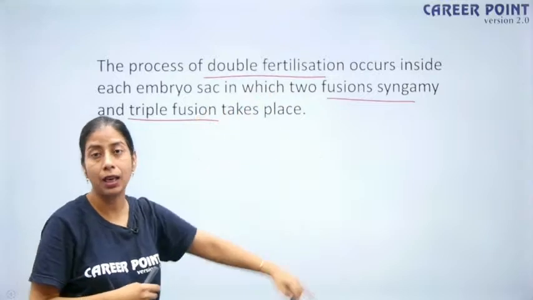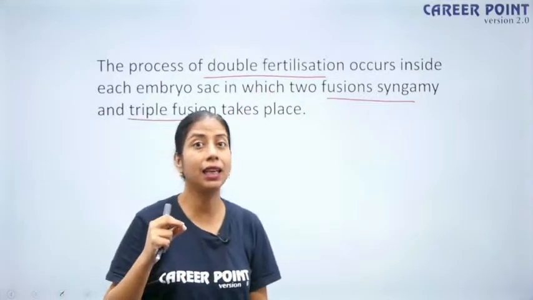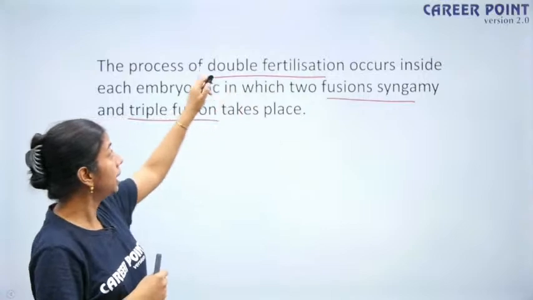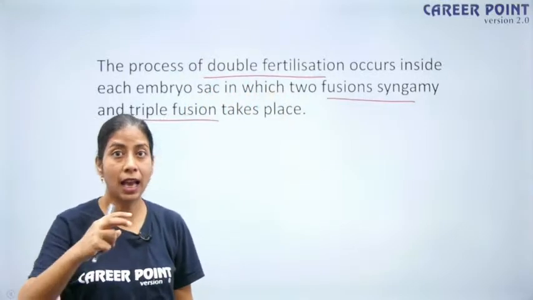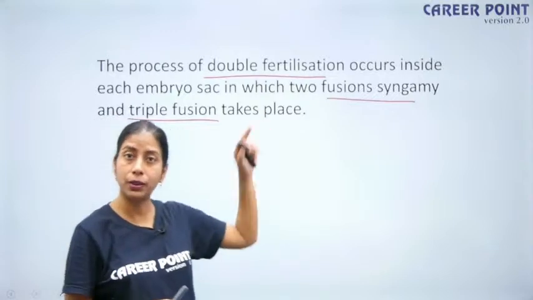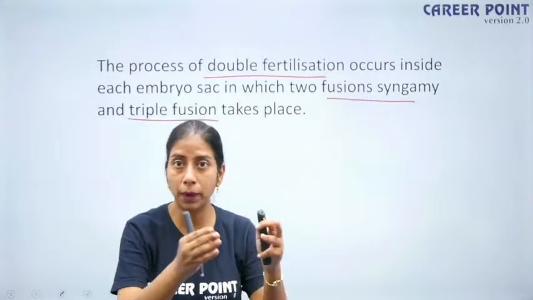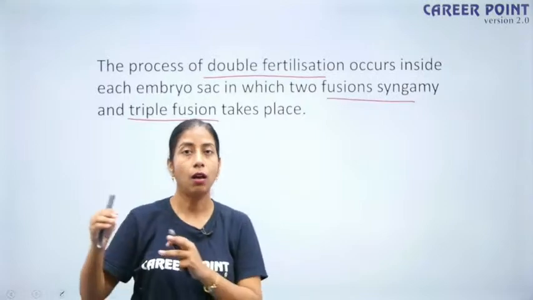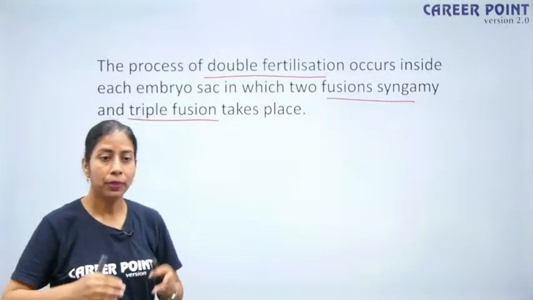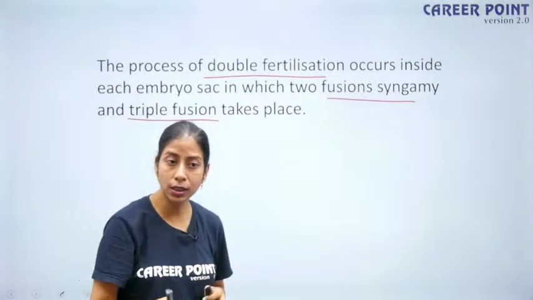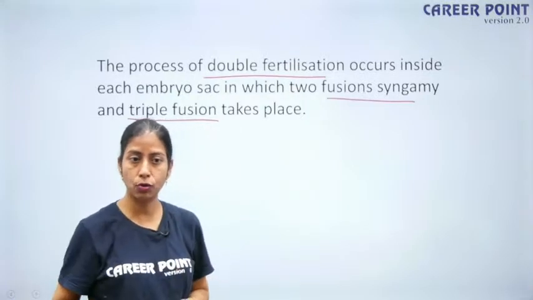Therefore we say in the case of flowering plants the double fertilization takes place. तो यहाँ पे क्योंकि 2 फ्यूजन्स हैं तो डबल फर्टिलाइजेशन, एक फ्यूजन में एम्ब्रियो का डेवलपमेंट होगा और एक में एंडोस्पर्म का डेवलपमेंट होगा.